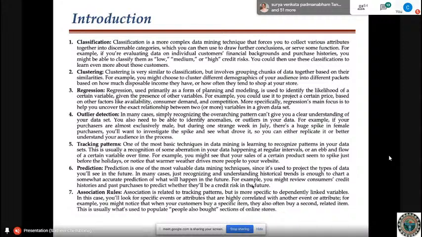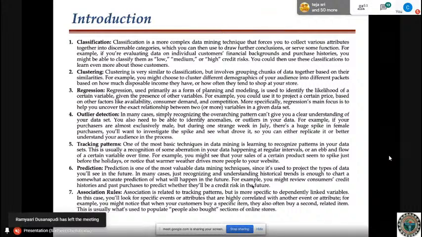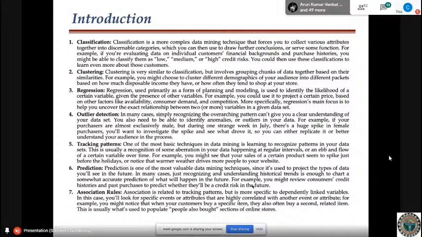Association rules. Association rules is nothing but, what can I say? There is a grocery store, where a person buys bread and butter, and the next person buys butter and some sauce. So suppose there are 100 customers who buy bread and butter at the same time, and there are 20 customers who buy bread and sauce at the same time.